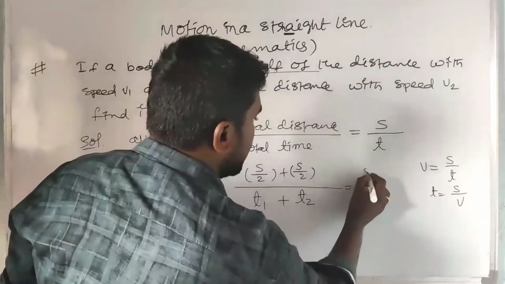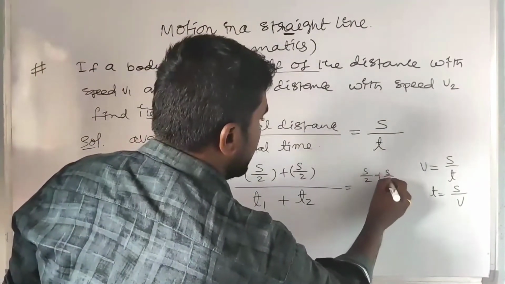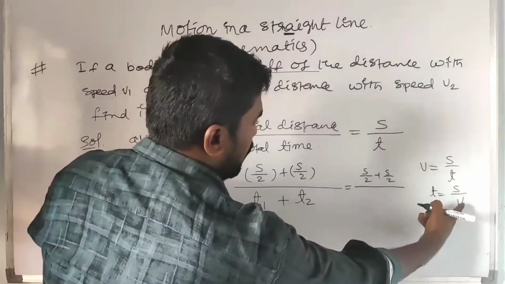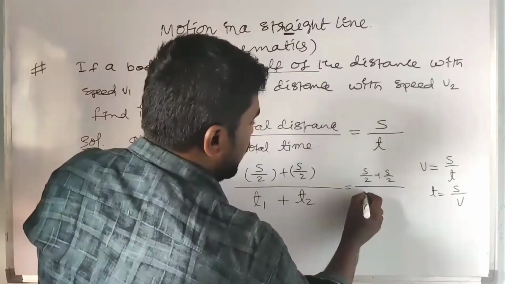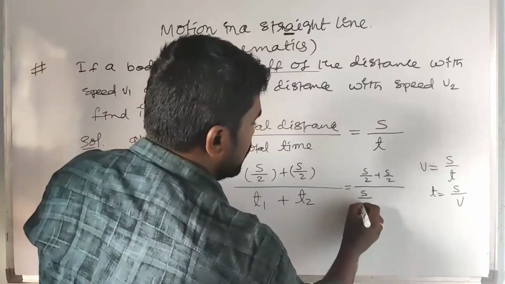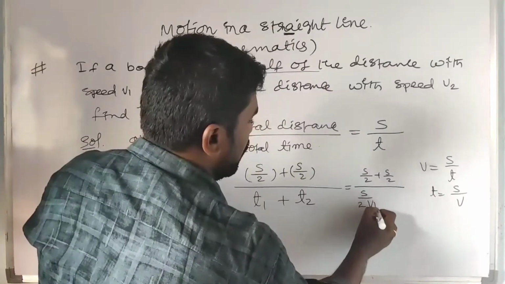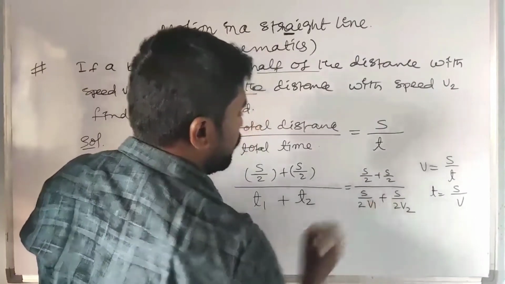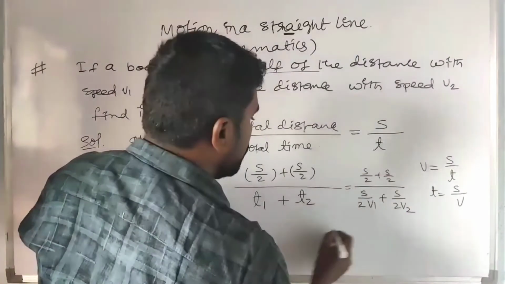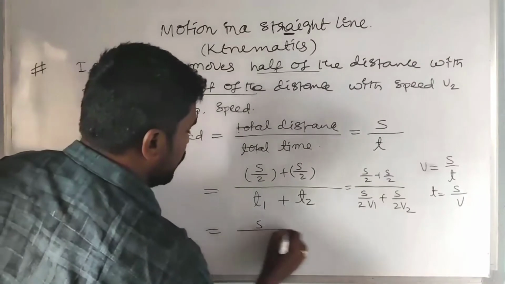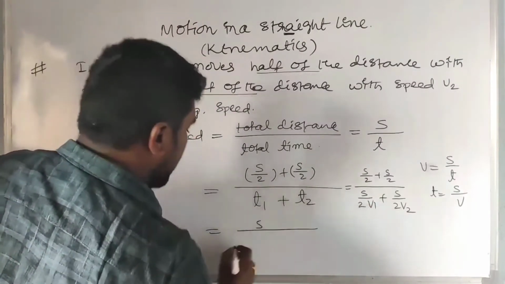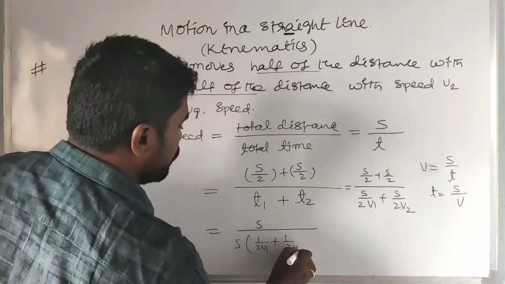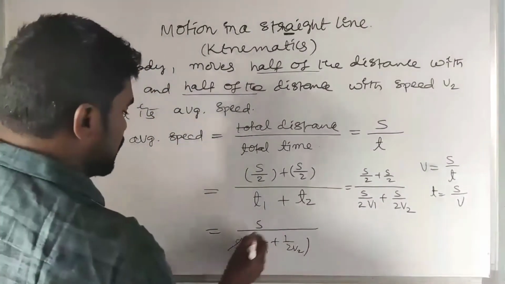So you can write s by 2 plus s by 2, divided by t1, where t1 is s by 2 into v1, that is the first half of the distance by speed v1, plus the second half of the distance by speed v2. You can write s by 2 plus s by 2, where s is common here: 1 by 2v1 plus 1 by 2v2. Clear? s gets cancelled.